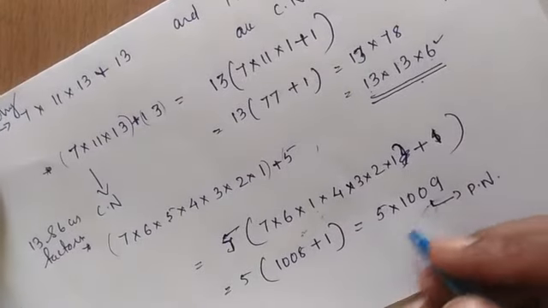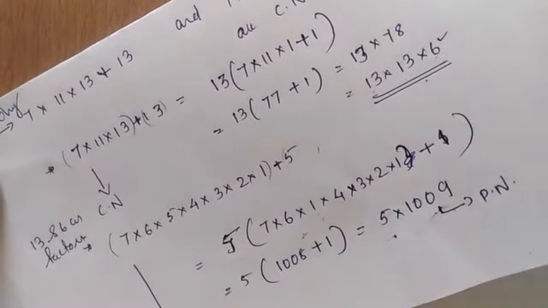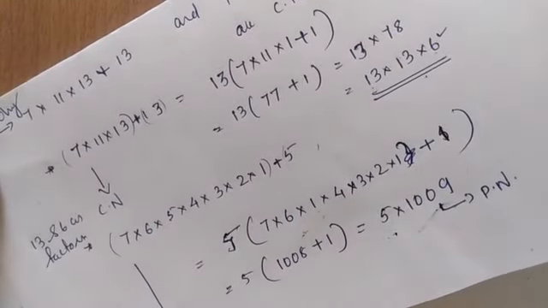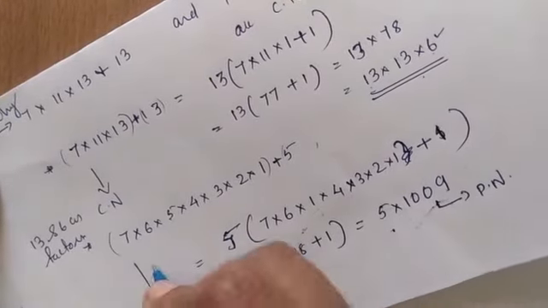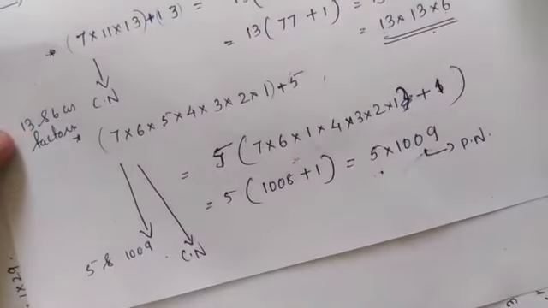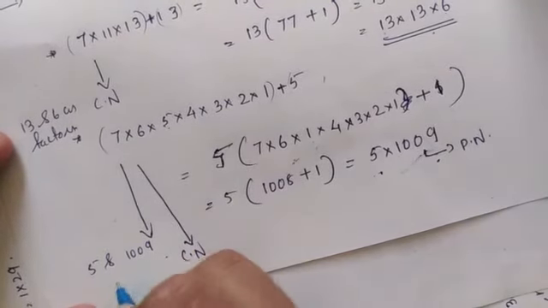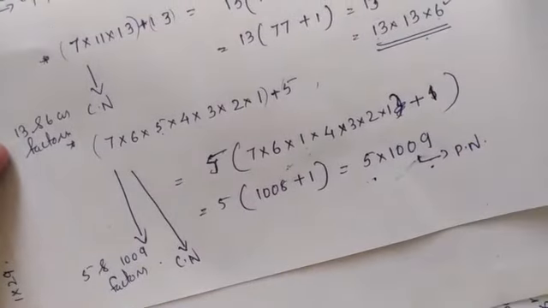Similarly, this expression has factors 5 and 1009, which are prime numbers. So we can say that this is a composite number. This number has factors 5 and 1009.